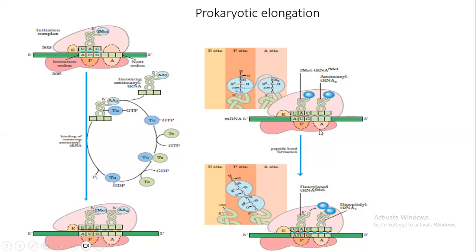This leads to formation of a bond between the first and the second amino acid. A peptide bond is formed, and this results in formation of a dipeptidyl transfer RNA at the ribosomal A site and an empty transfer RNA at the ribosomal P site. This reaction is actually catalyzed by the 23S rRNA of the 50S ribosomal subunit.